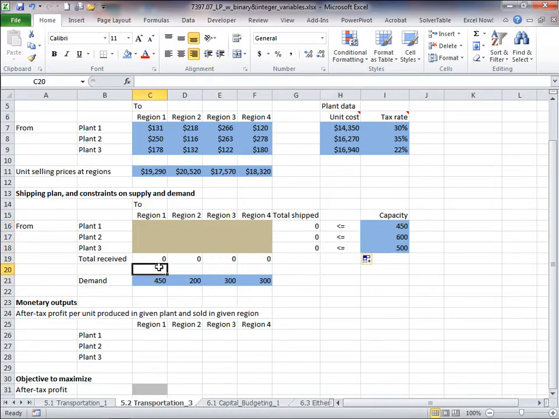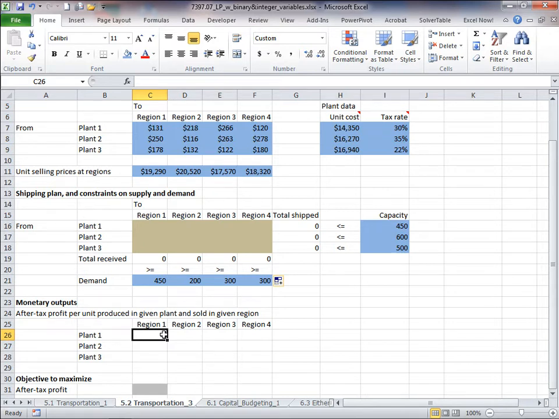Total received has to be greater than or equal to demand. Okay. All right, so now what we've got so far, if we stopped right there, would be essentially the same decision model we had before. It'd be exactly the same.